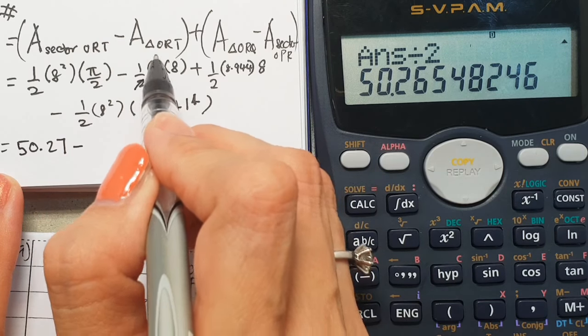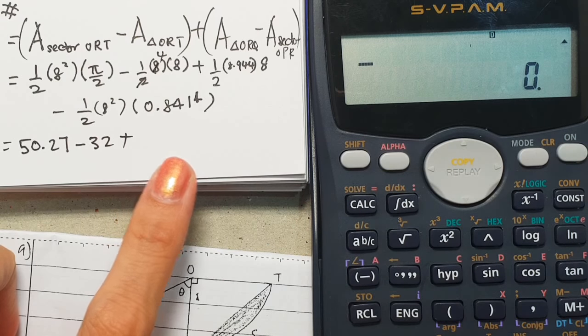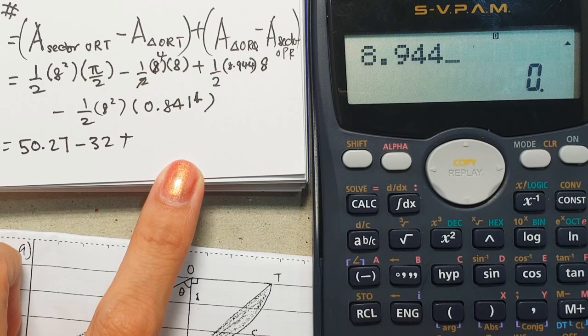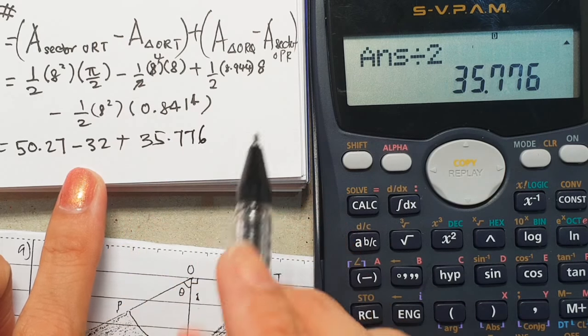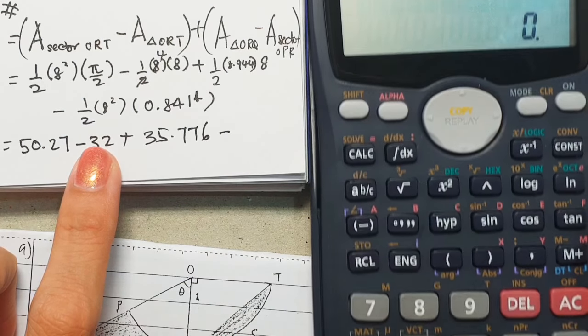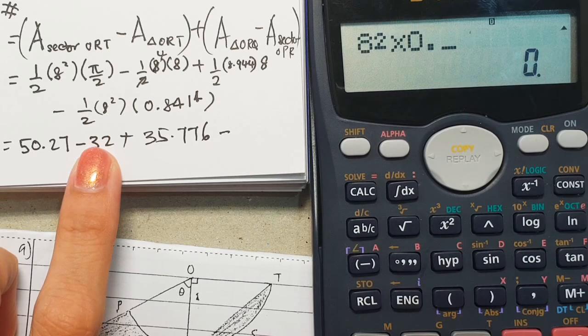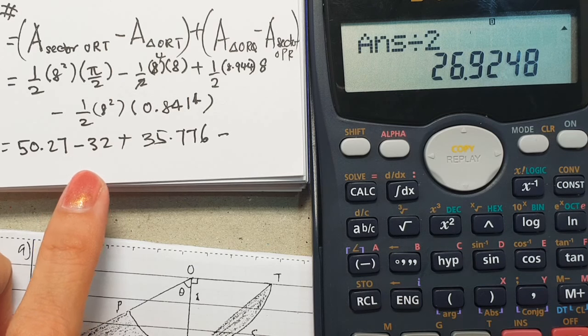Minus this one, 32, and then plus the side 8.944, base times height, times 8, and then divided by 2, we will have 35.776, and then minus 8 squared times 0.8414, and then divided by 2, 26.92.